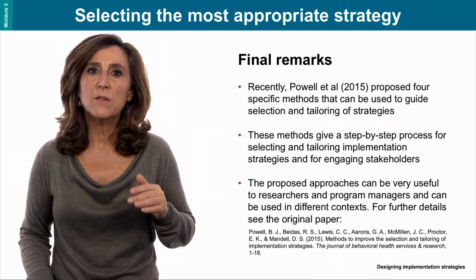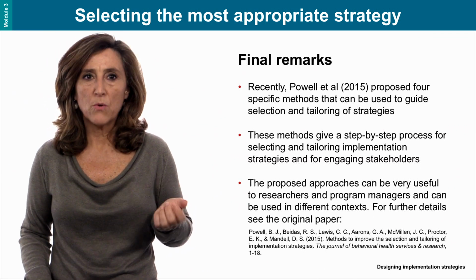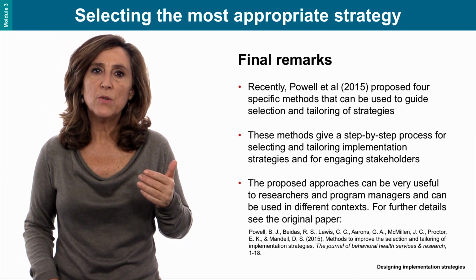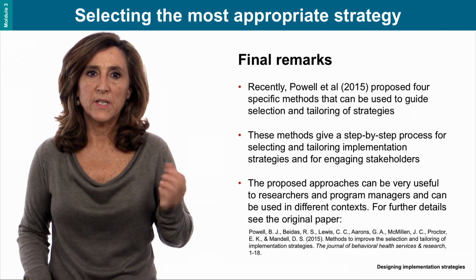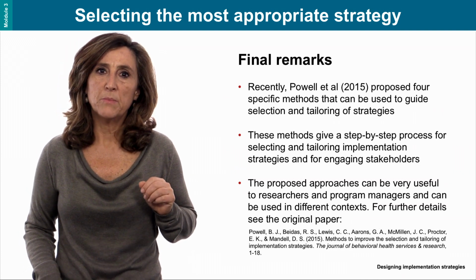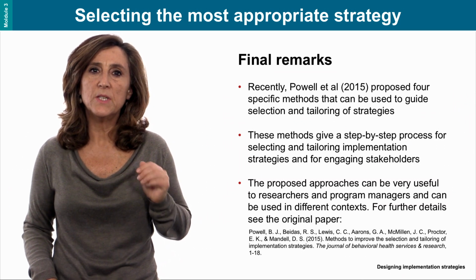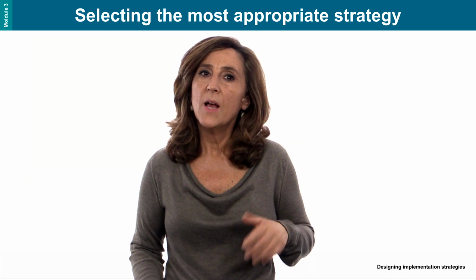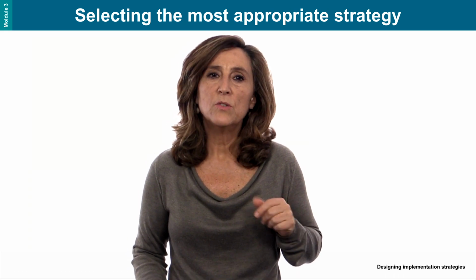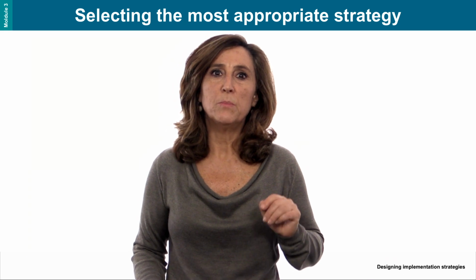This approach can be very useful to both researchers and program managers and can be used in very different contexts. However, because it is a very recent paper, there are still no practical examples related to diseases of poverty. I strongly recommend you to read this study, and who knows if you are not going to be a pioneer in its application.